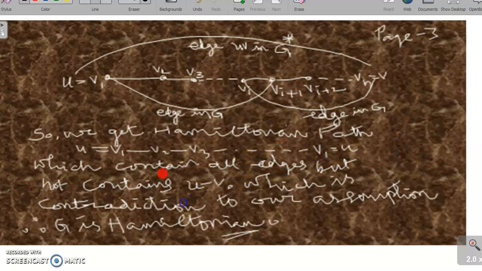So this is a contradiction to our assumption, because G star is the maximal non-Hamiltonian graph we assumed, and that added UV, but here it is not added UV, but still we have a Hamiltonian path. So this is a contradiction to our assumption that G is not Hamiltonian. Therefore our assumption that G is not Hamiltonian is wrong, and thus we can prove our theorem. This is the way we can prove it.